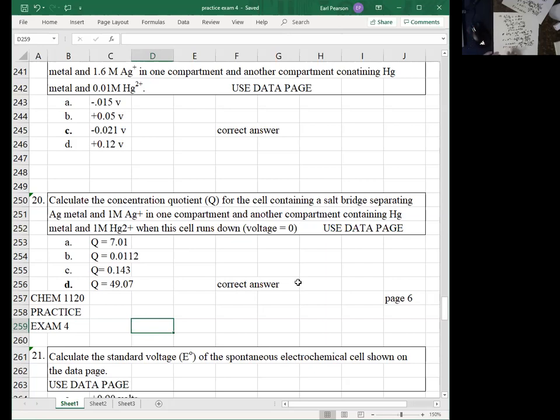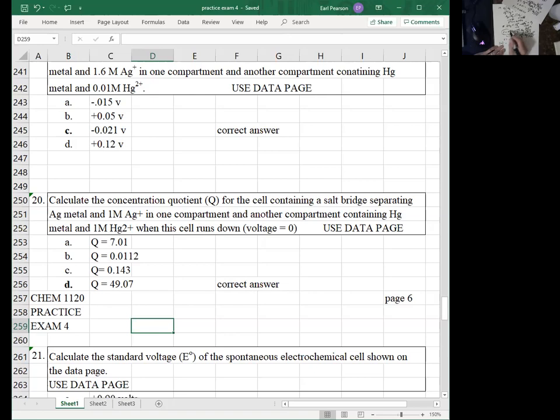Okay, so this is number 20. And what we want to do is now calculate the concentration quotient for the cell containing the salt bridge with silver ion at 1 molar and mercury ion at 1 molar when it runs down. We still use the Nernst equation up here.